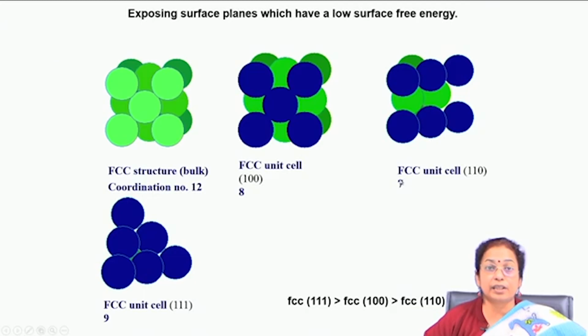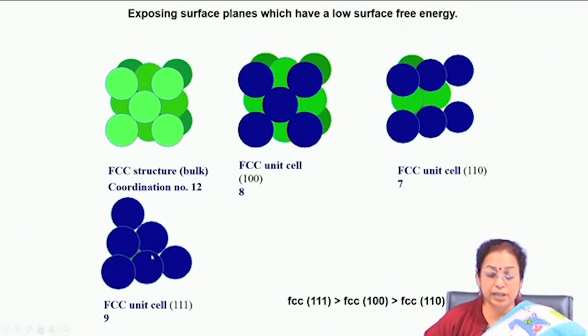So, you need to break 5 bonds. On the other hand, if you would like to create the surface along the 111 plane, where the coordination number is 9, you have to break 3 bonds. So, you will find that the minimum energy required for creation of a surface is along the 111 plane.